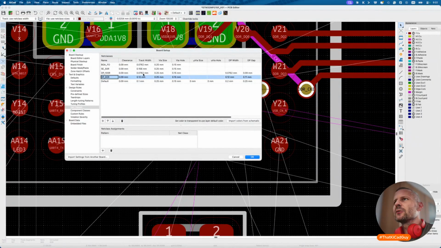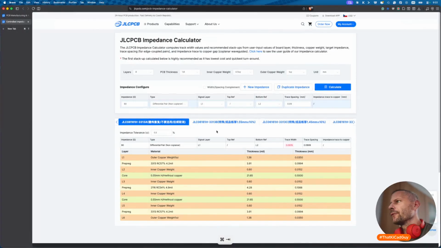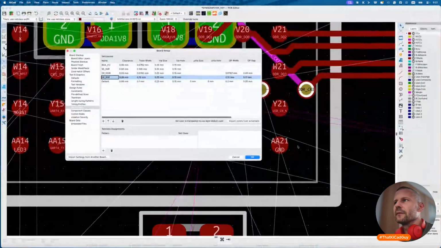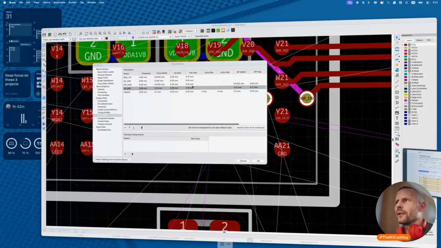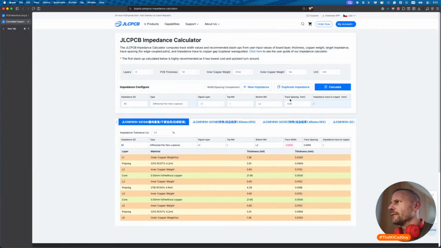No, 0.762, which is allowed, yeah, but only for PET. Yeah, okay, I understand. Anyway, okay, so let's say 0.1. 0.1 should be working.